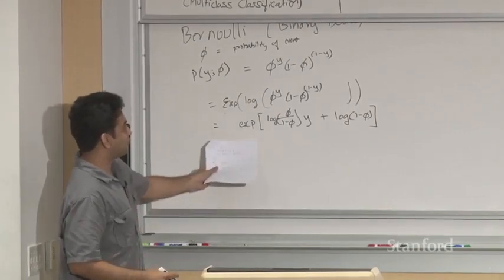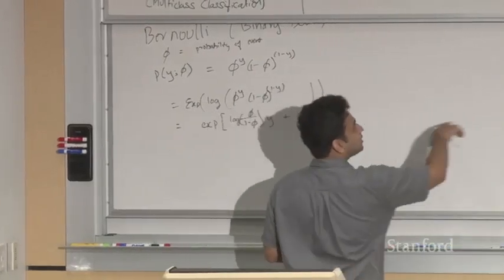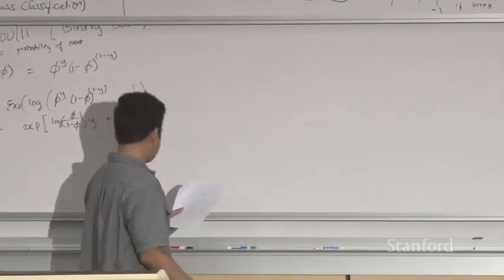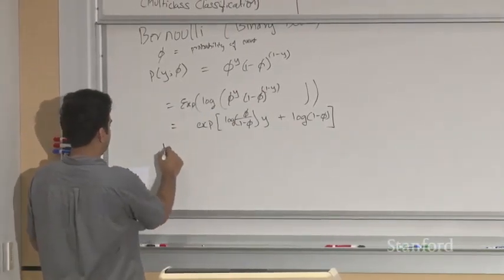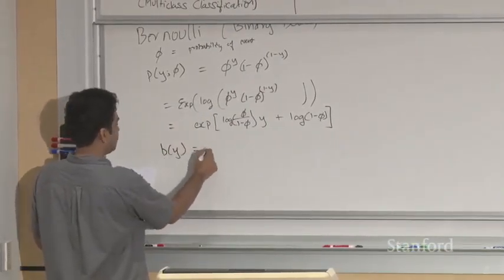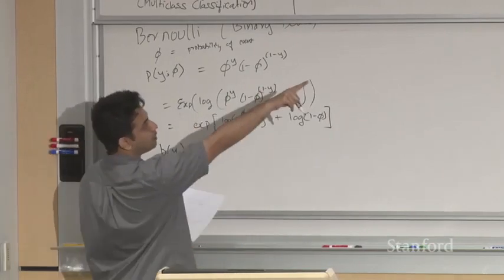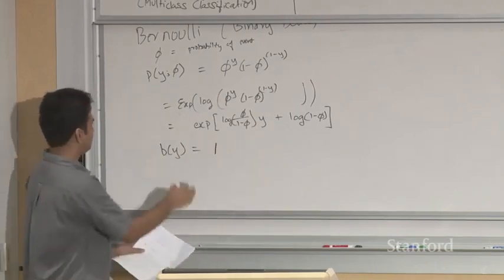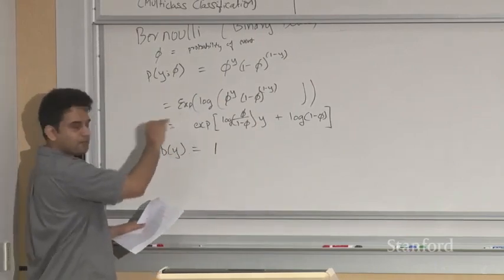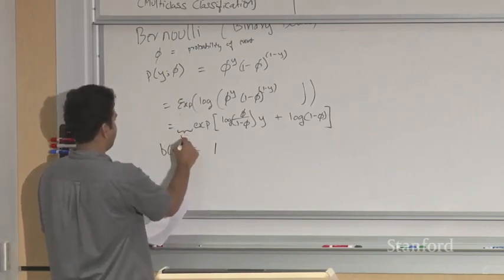Once we have it in this form, it's easy to start doing some pattern matching from this expression to that expression. The base measure b of y, if you match this with that, will be just 1 because there's no b of y term here.